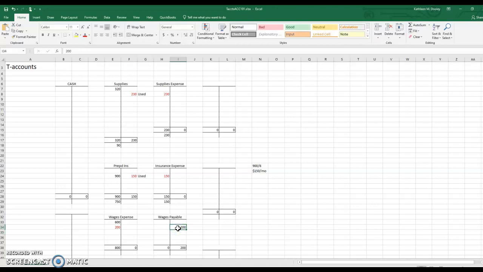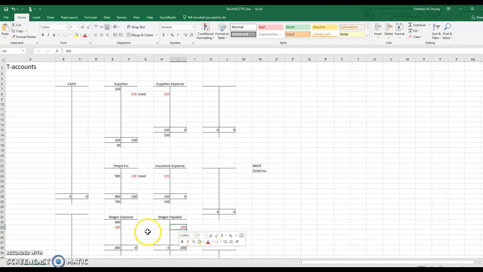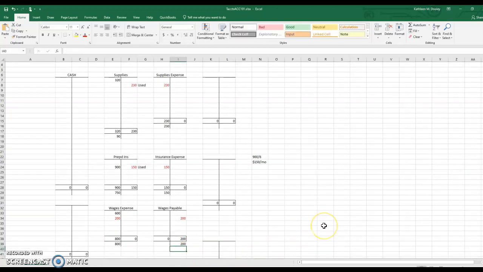If our company went under tonight on December 31st, then we would still owe those workers who already worked. We still owe that $200. Okay? And so now we have 800 wages expense for December, and we owe 200 to the employees at the end of the month.